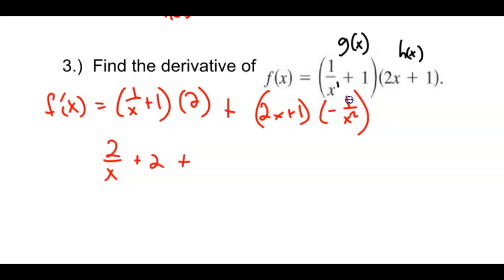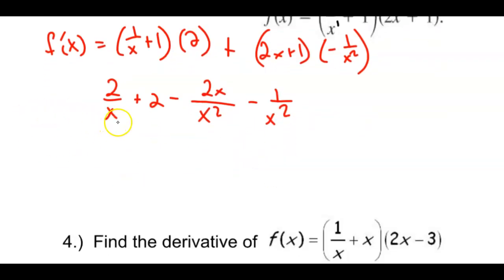Right here, negative 1 over x squared multiplies to 2x to give us a negative. So I'm actually going to erase that and put negative 2x over x squared. And then we're going to do negative 1 over x squared times 1, which is negative 1 over x squared.